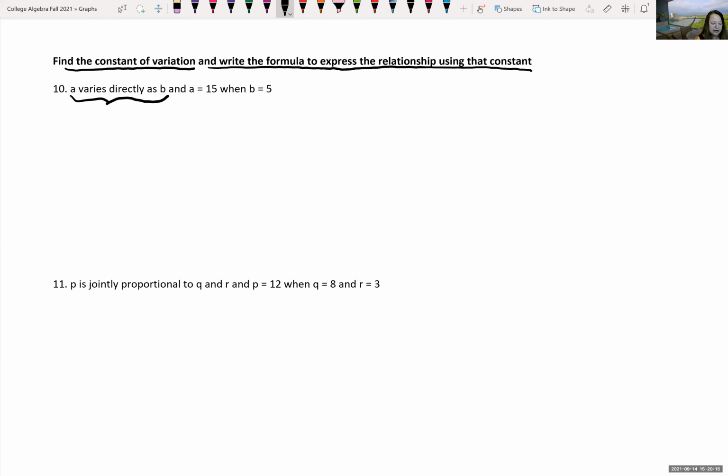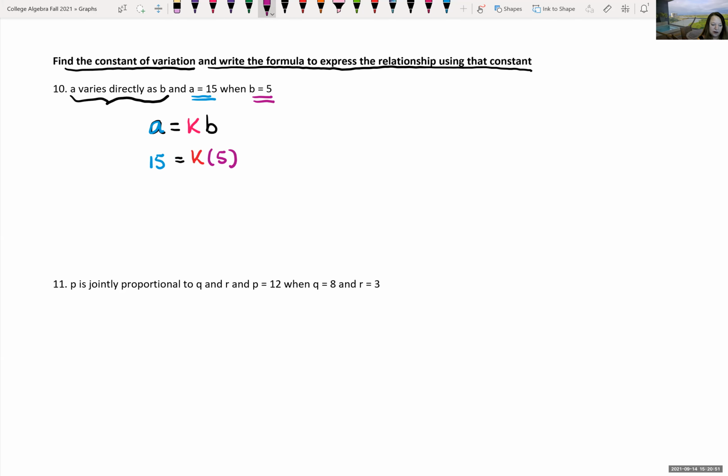It says A varies directly as B, and A equals 15 when B is 5. So A is equal to K times B. Now we have enough information to figure out K, because when A is 15, B is 5. So 15 is equal to K times 5.